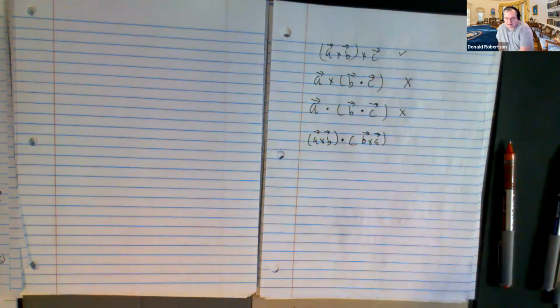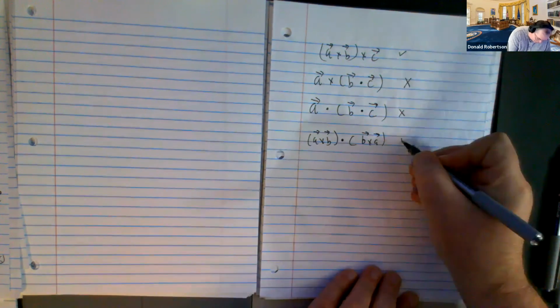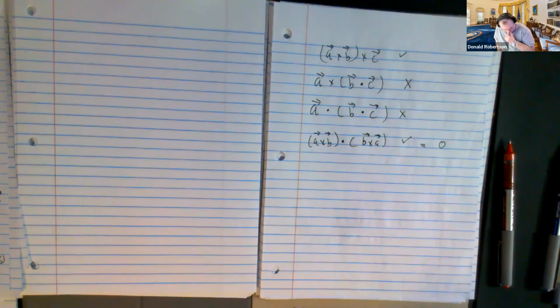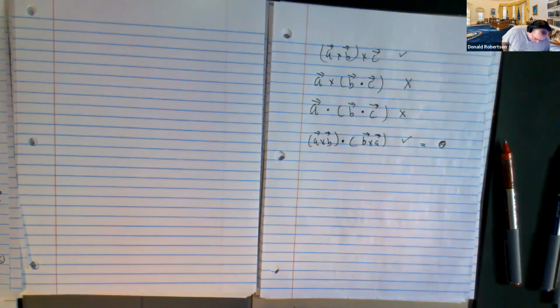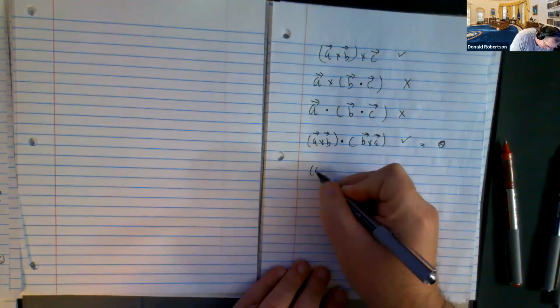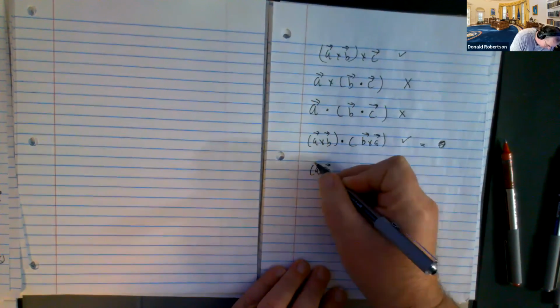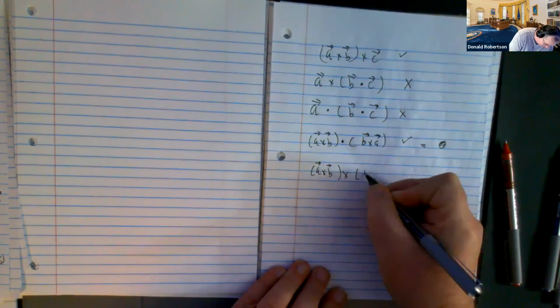What about this one? A cross B dot B cross A. I know the answer to this one, which is also possible.